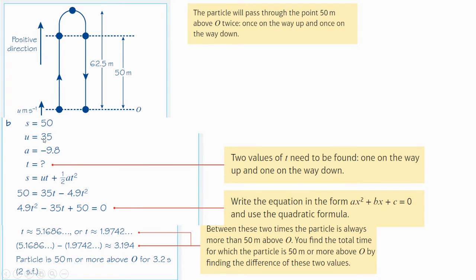Okay, this U is 35. That is what it's released at. And gravity is -9.8. So what we're doing here is we're saying how long, if we release it at 35, how long will it take to get to 50 meters?